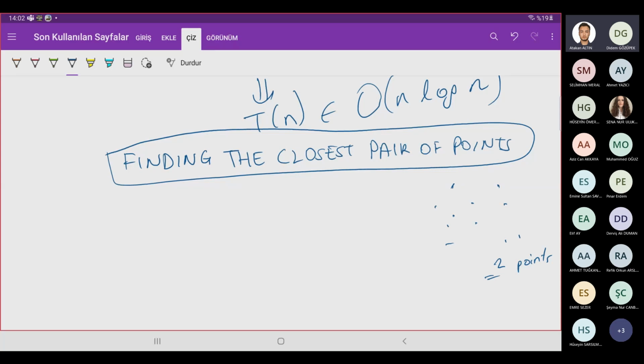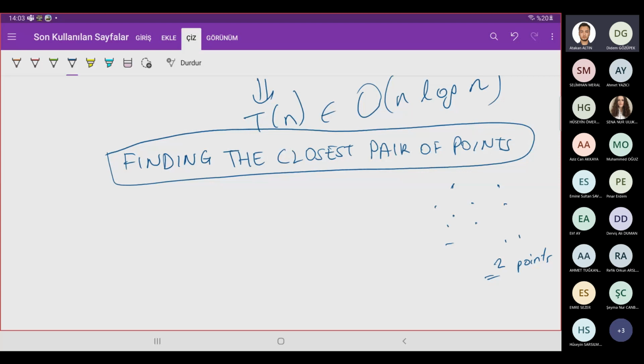A set with n elements has n choose 2 subsets of size 2, right? So we look at all subsets of size 2. We are given the x and y coordinates, and we can compute the distance in constant time. We enumerate all of them, which are n(n-1)/2, and we pick the minimum, which makes it O(n squared) time, okay?